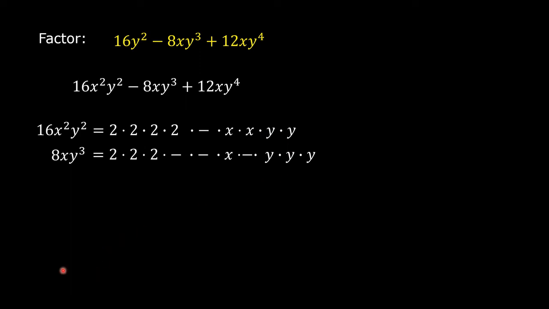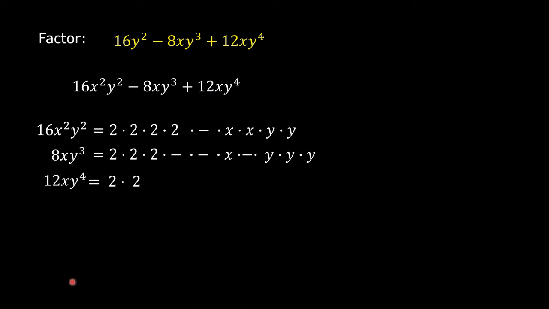Then go to the next term, 12xy raised to the exponent of 4. 12 can be written as 2 times 2 times 3. Then x and then y raised to the exponent of 4 is equal to y times y times y times y.